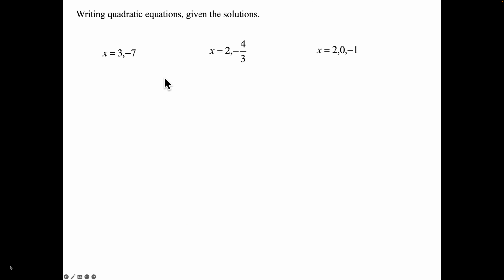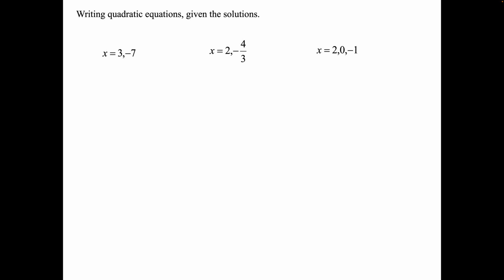Another thing we want to discuss in 11.3 is writing quadratic equations given the solutions. Now, a lot of authors do this completely wrong. So I'm going to show you one technique that works all the time. It's basically going to depend on what type of numbers you're given.